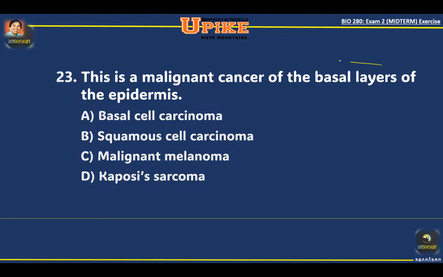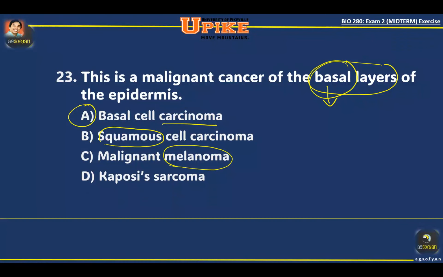There are several skin cancers. One of them is coming from basal cells, the other from squamous cells, and the last from melanocytes. If it is coming from basal cells, it is called basal cell carcinoma, which is not that dangerous. The most dangerous one is malignant melanoma. So the answer is basal cell carcinoma.